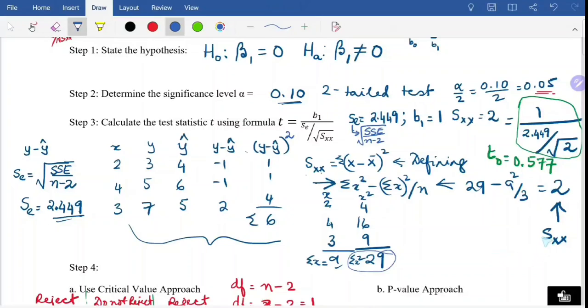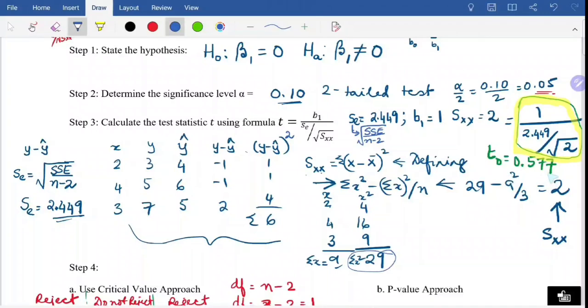All right. So I have my s sub xx value, I have my s sub e value. All we need to do is plug it into this formula here. So it's going to be 1 divided by s sub e, which is 2.449, divided by the square root of 2. The work is done here, and let me just highlight the calculation.